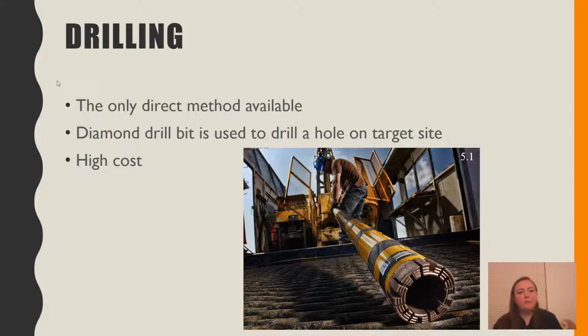And unfortunately, because of its high cost, indirect methods are usually used before drilling to determine the best location to drill. And most of the time, there are drills in multiple sites to determine the size of the ore deposit itself.